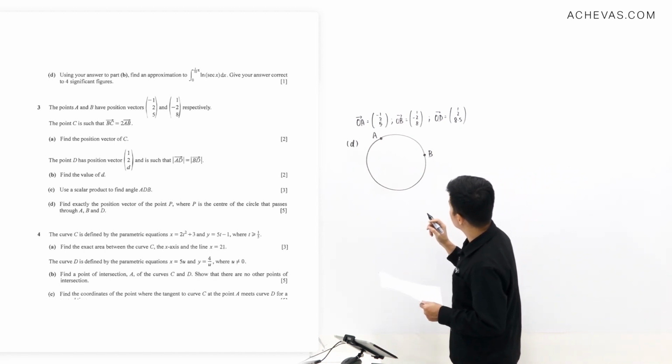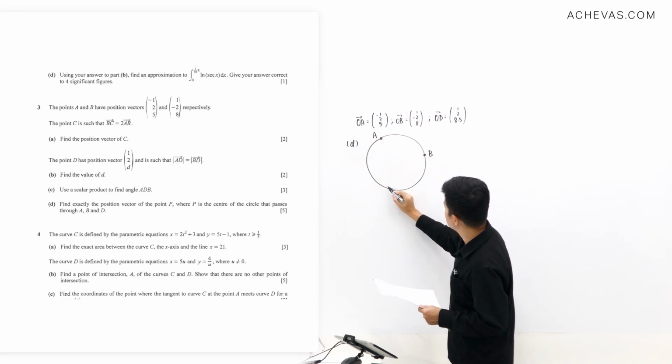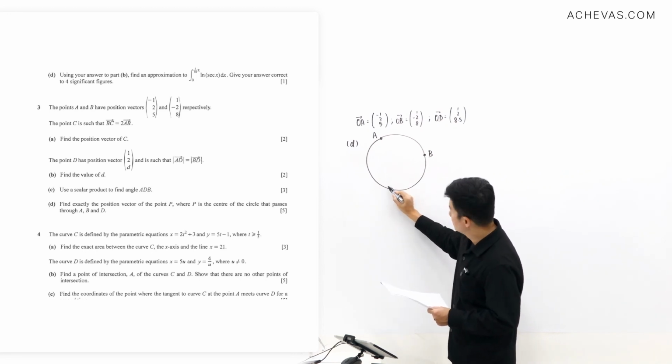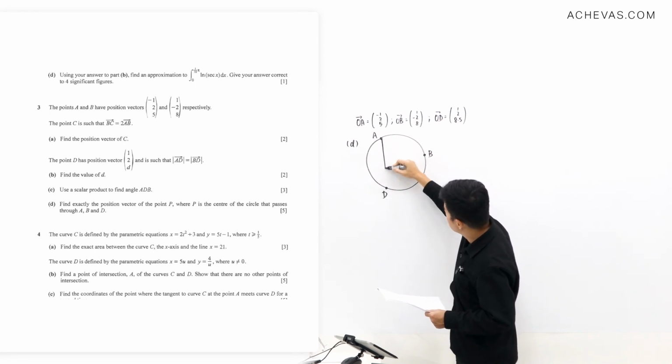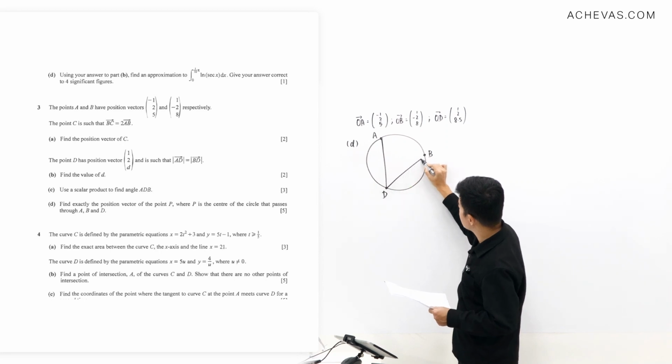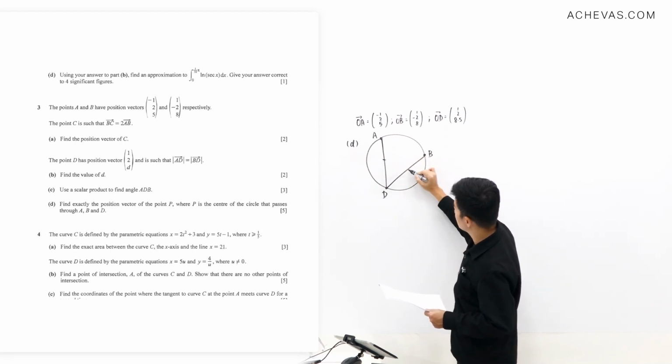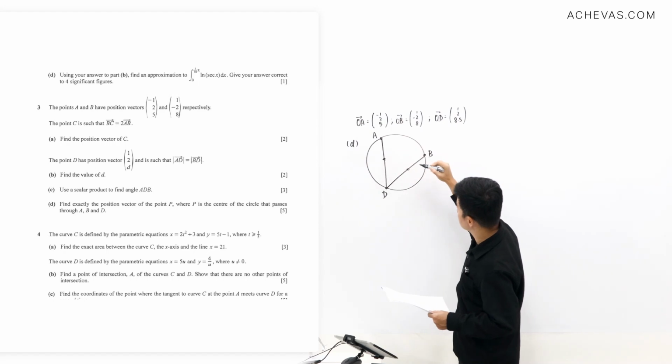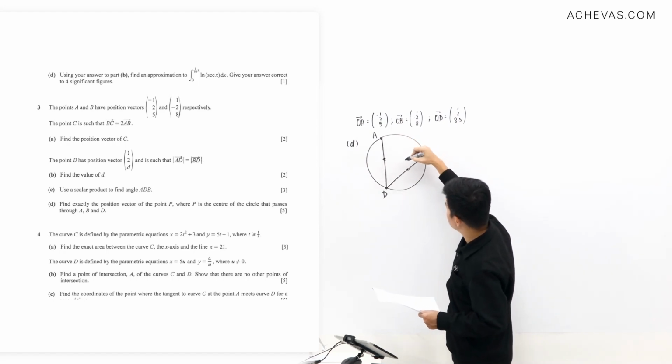So let me just try to position this so that I can at least try drawing BD and AD to be almost the same length. So we are looking at something that is like this. And point P is a point that is the center of the circle. So let's say here is point P.